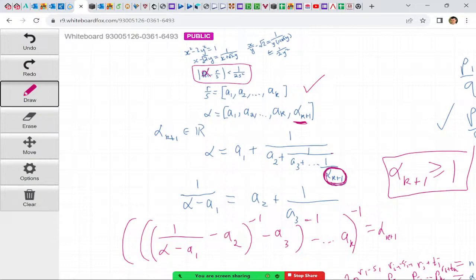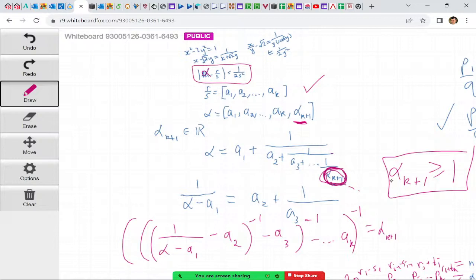If we can show alpha k plus 1 is greater than or equal to 1, then essentially the fraction continues, right? You can keep continuing. If it's less than 1, then the continued fraction is wrong. If it's negative, it's just illegal, right? But what if it's less than 1? Then it becomes like 0 plus something less than 1. We can't have 0 in our continued fractions, can we?